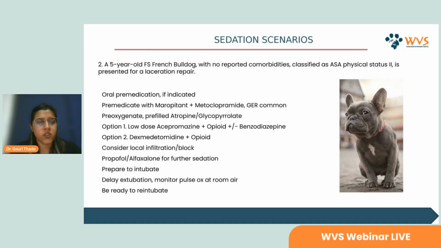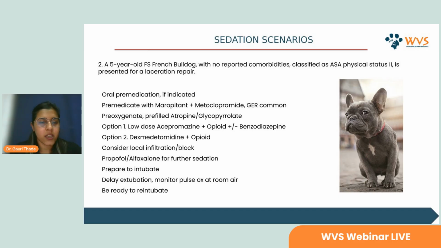Always pre-oxygenate these dogs. This is because we are assuming that if they need intubation, the time to intubate this dog would be slightly higher than what a normal dog would need. So the chances of oxygen desaturation are quite high.